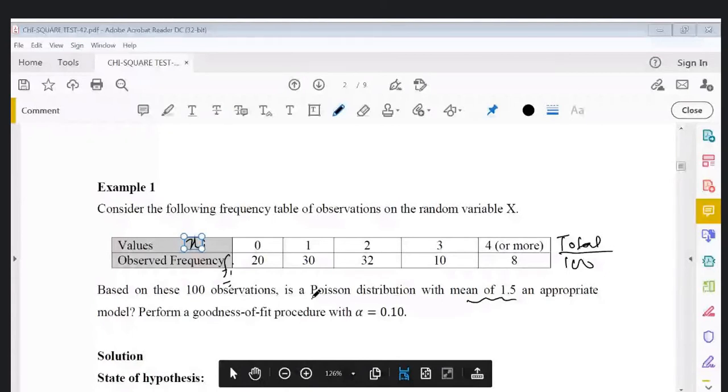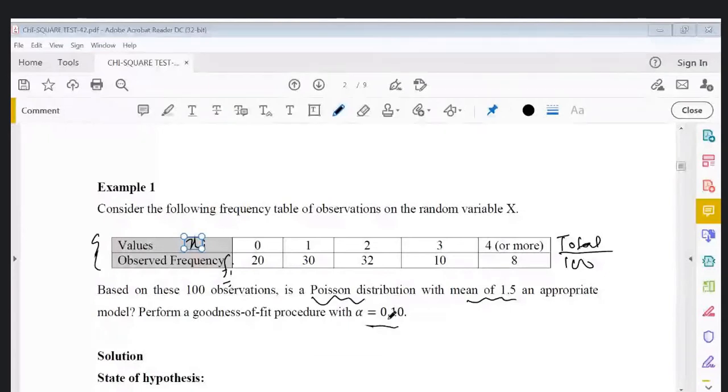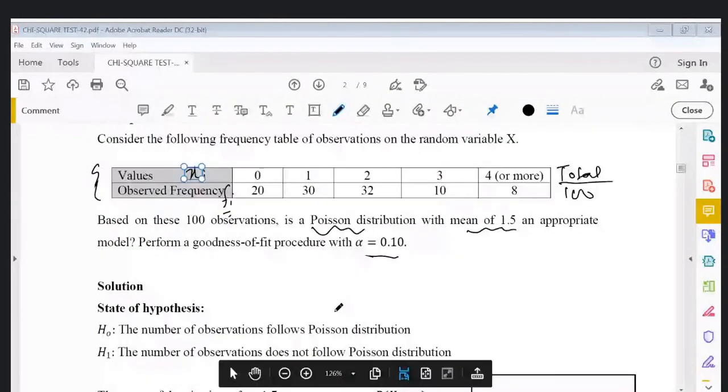Look at the solution. H0: the number of observations follows a Poisson distribution, based on the question. H1: the number of observations does not follow a Poisson distribution.